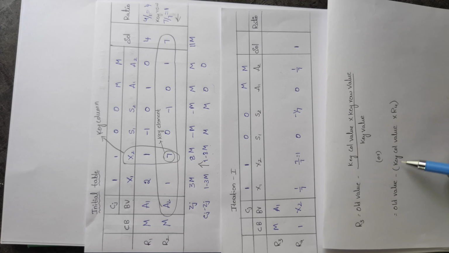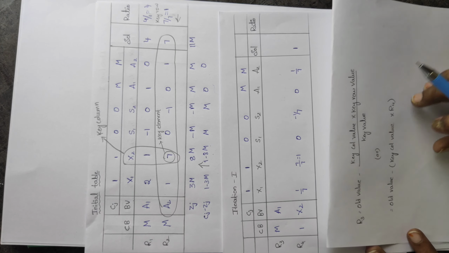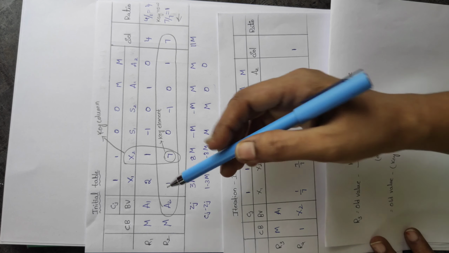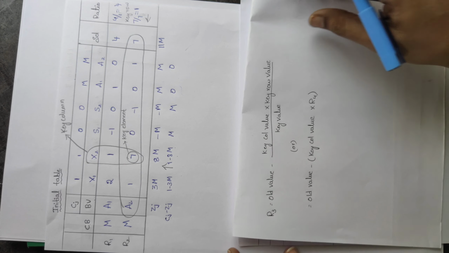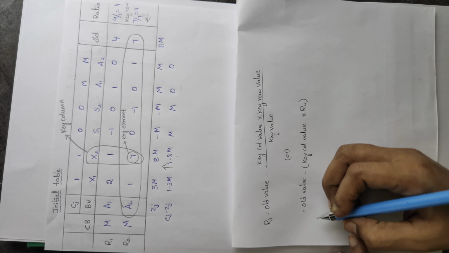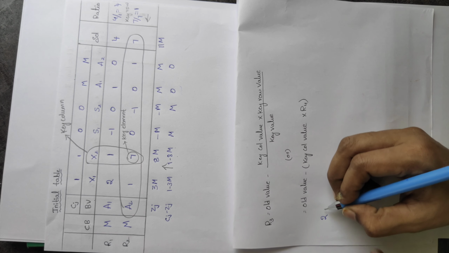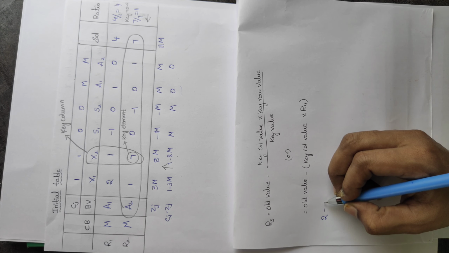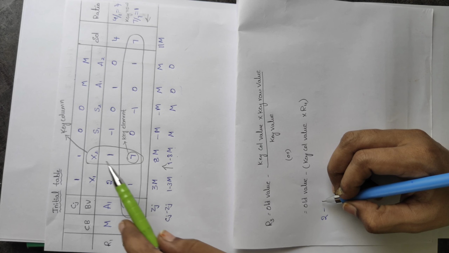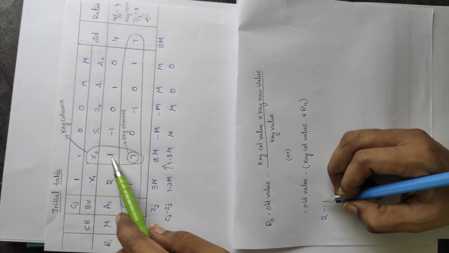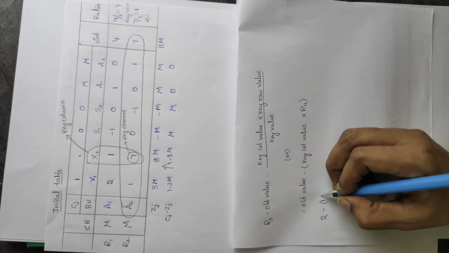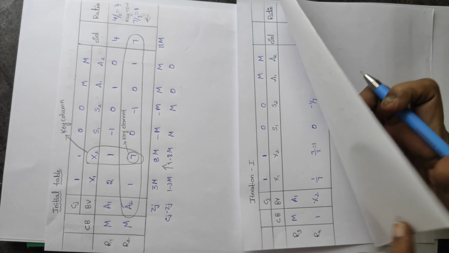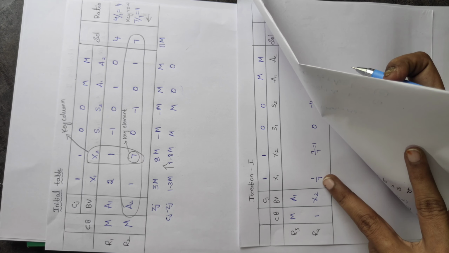New value equals old value minus key column value into R4. The old value is 2, minus the key column value, which is 1, into the R4 value, 1 by 7.